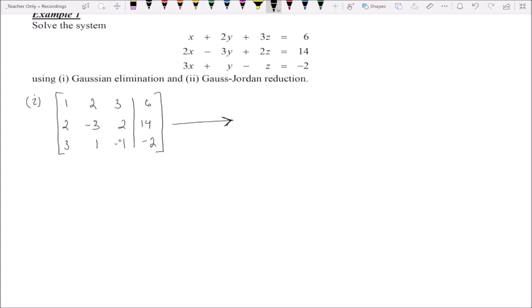To REF this, first thing, let's do negative 2 row 1 plus row 2, and then negative 3 row 1 plus row 3.